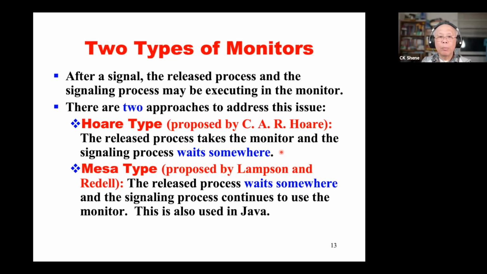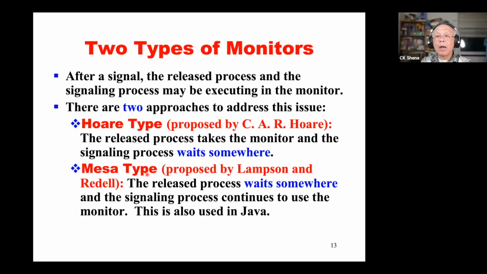So simply put, under Hoare type, the signaling process would be pushed outside the monitor, wait somewhere, and the released process takes the monitor and continues its execution. So the Hoare type gives the priority to the released one.